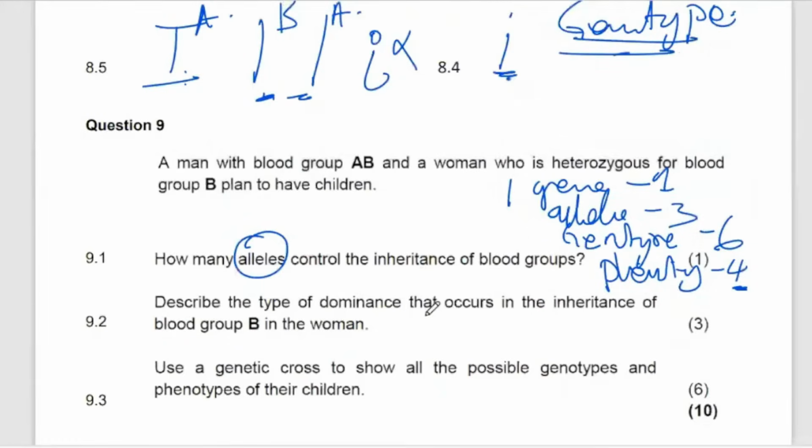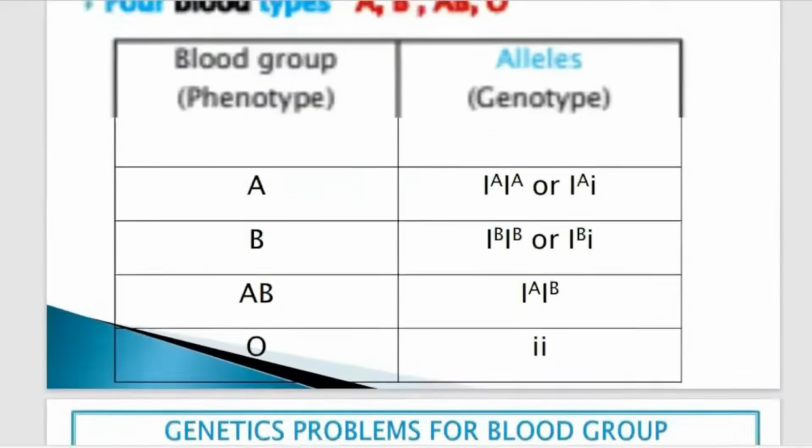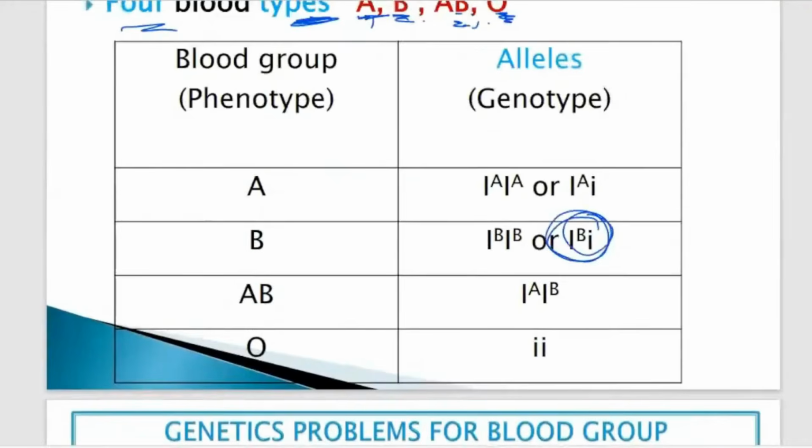So now we go back to our question. Describe the type of dominance that occurs in the inheritance of blood group B. They're saying that a man with blood group AB and a woman who is heterozygous for blood group B, meaning this lady obtained one dominant allele from the father or mother and another recessive allele from the other parent, because they are not specific in that regard.